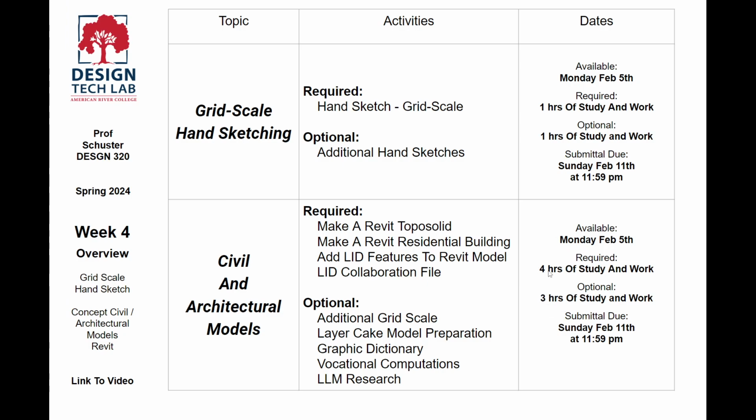Okay. And then of the additional work here, you can pick and choose. Try to get time on task. That's what makes you good at doing this. And remember, we're blurring the lines between architecture, engineering, and design because of these software models. So the more you can put your hands on this, the more prepared you will be to do excellent work in whichever field of study you end up going into.